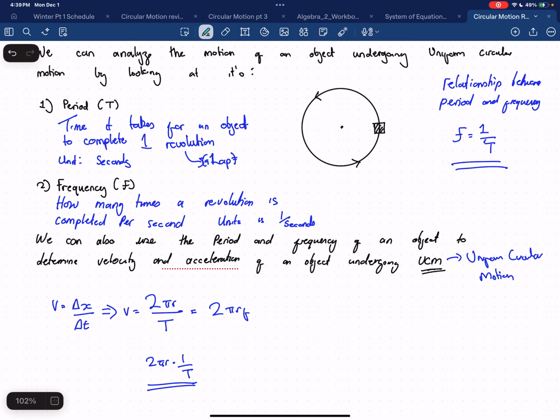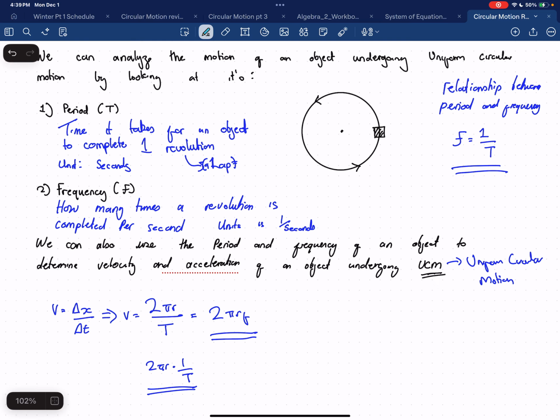So if we know the frequency and the radius of the circle we're traversing, we can find the velocity of an object, as we can if we know the period. So yeah, cool. All right, moving on.